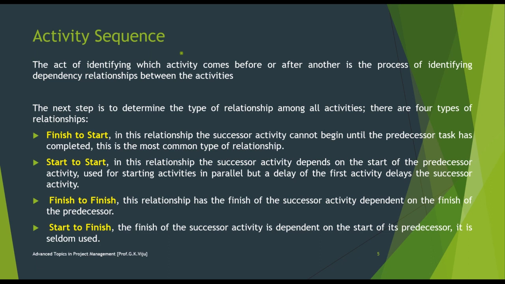So finish to start means the successor can start only after the activity finishes. Second, start to start, the successor can start only after the activity starts. Finish to finish, the successor can finish only after the activity finishes. And start to finish, the successor can finish only after the activity starts. And this relation is generally used very rarely.